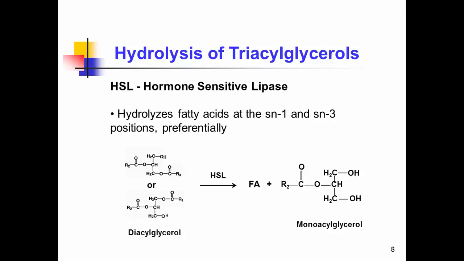Hormone-sensitive lipase basically takes diacylglycerol as the substrate and removes, again, either SN1 or SN3, generating monoacylglycerol with one fatty acid attached to the SN2 position in the middle. So both ATGL and HSL can cleave fatty acids from either the SN1 or SN3 position, and the remaining fatty acid is at the SN2 position.